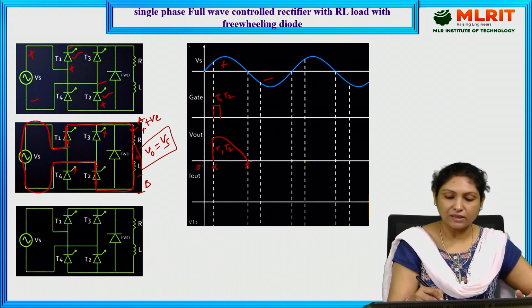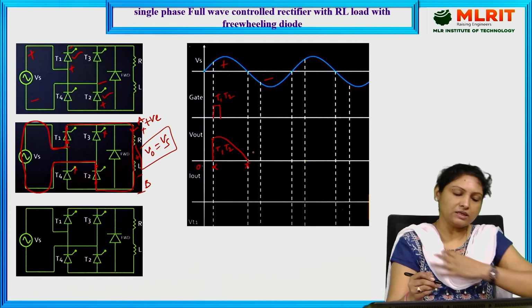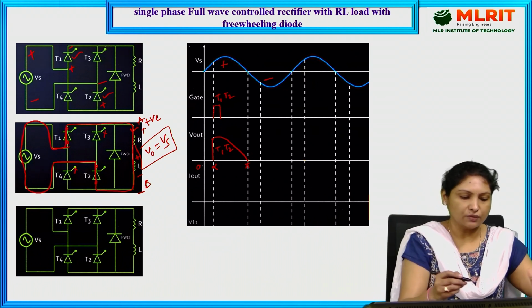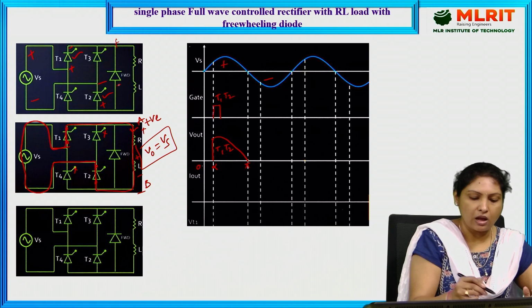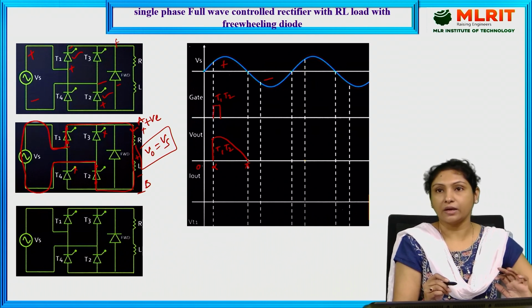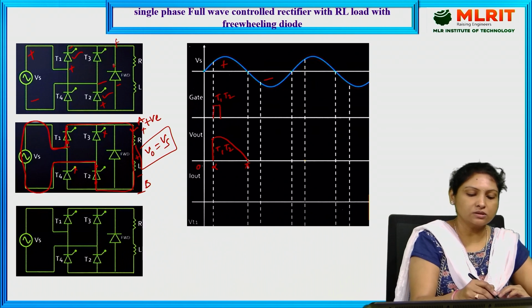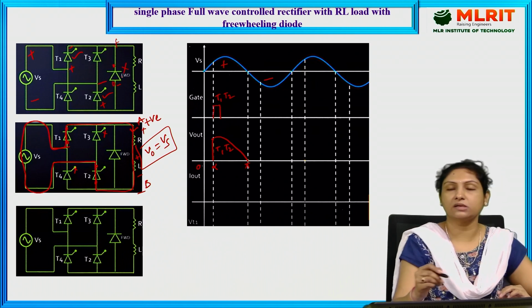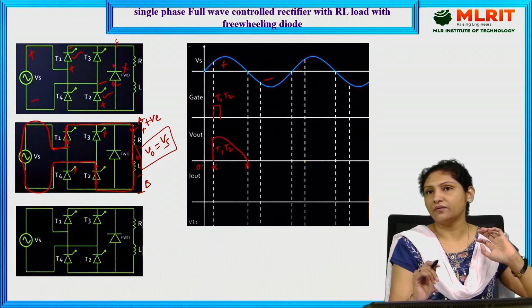If you observe, with this polarity, the positive is applied across the cathode of the freewheeling diode and the negative is applied across the anode of the freewheeling diode. That is how the freewheeling diode is reverse biased, acts as an open circuit, and does not allow any current through it.